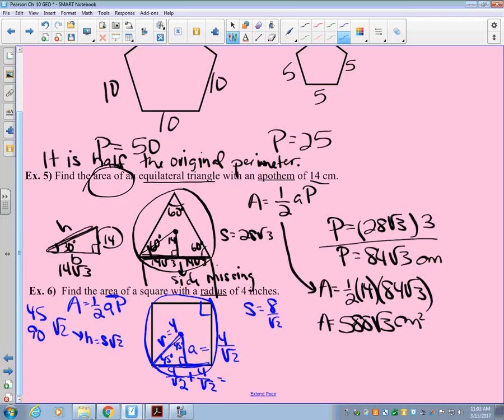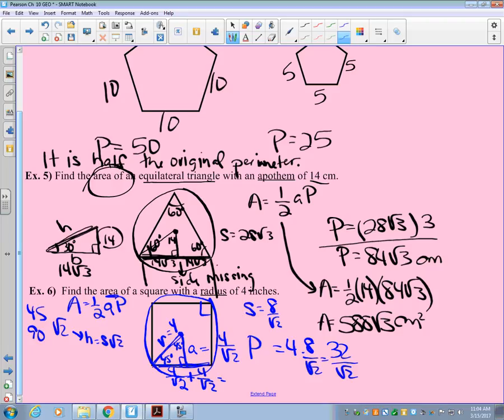Yeah, because you have a common denominator. So when you have a common denominator, the denominator stays the same and the top adds together. Good question. So the side is 8 over √2. And if we want to find the perimeter, we multiply that by 4, which is 32 over √2. Oh, sorry, that's the perimeter.